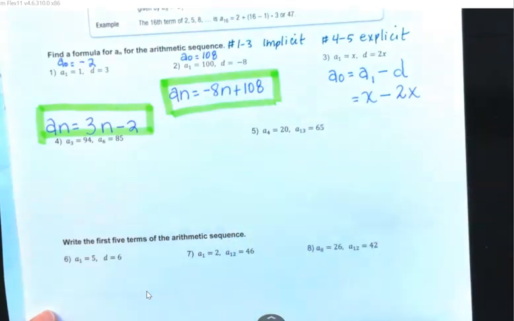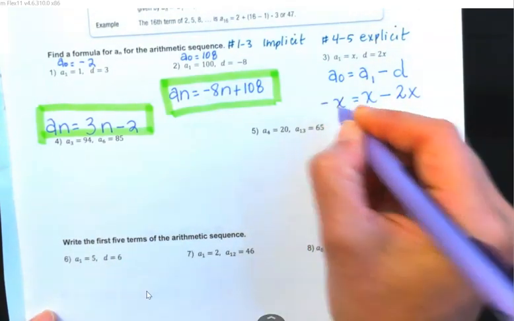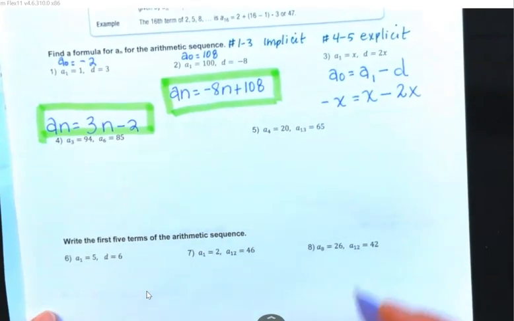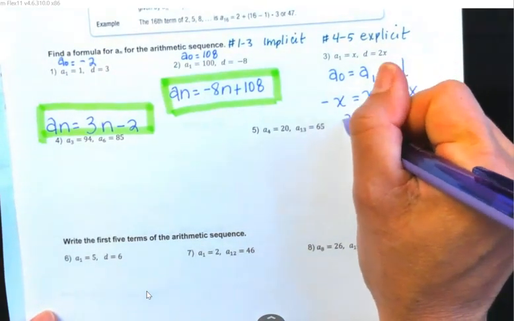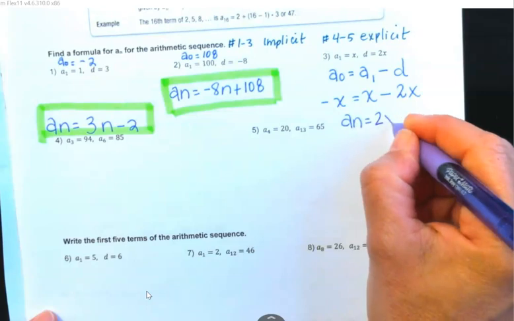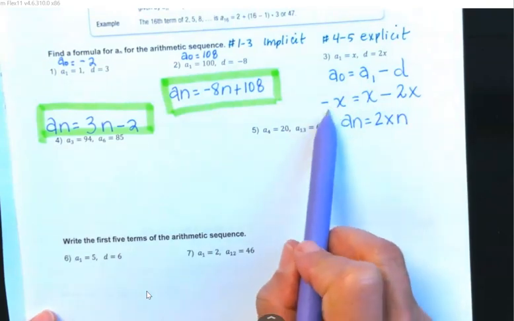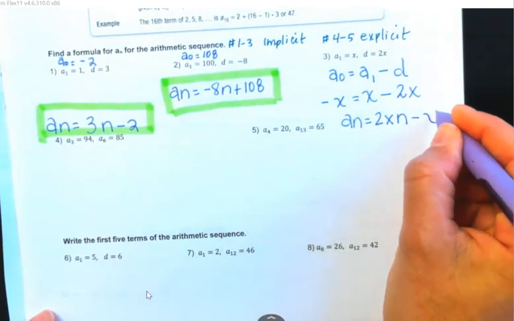So a sub 0, which is the constant, is just negative x. So the answer to this is going to be a sub n equals d times n. Remember the d is 2x times n. There's dx. And then you tag the constant at the end. The constant is minus x.